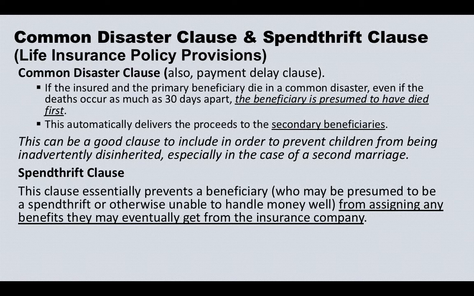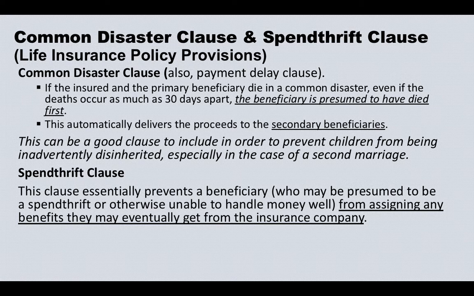So in this case, it's a spendthrift, right? The clause will prevent the beneficiary from assigning any benefits they may eventually get from the insurance company. When a beneficiary is a spendthrift, they may borrow lots of money, so they owe people money.